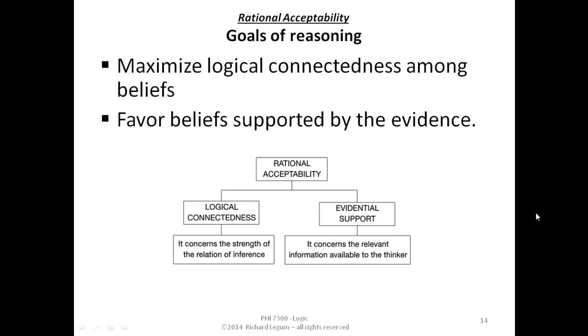Rational acceptability depends on logical connectedness, concerning the strength of the relationship between perhaps the beliefs that we have and maybe a new belief that we want to add into our body of knowledge.